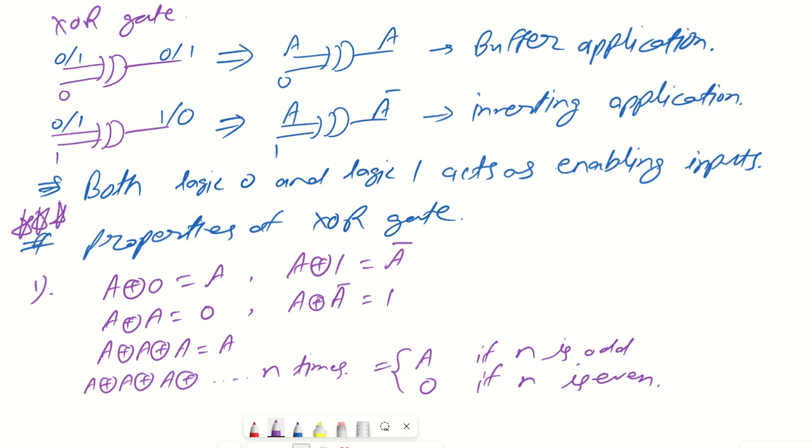Now let us talk about other properties of XOR gates. The third one: A XOR A bar B is going to give me A plus B. Understood?